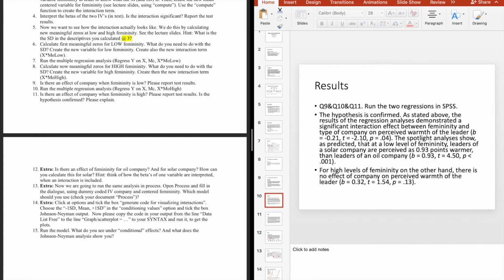As stated above, the results of the regression analysis demonstrated a significant interaction. First of all, the interaction effect has to be significant. And I know some of you will ask, what if my interaction is not significant? Should I do the spotlight analysis or not?